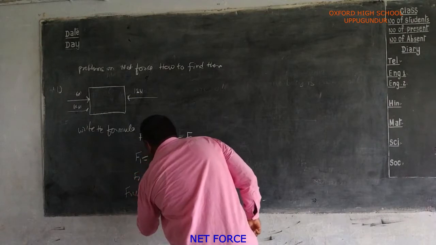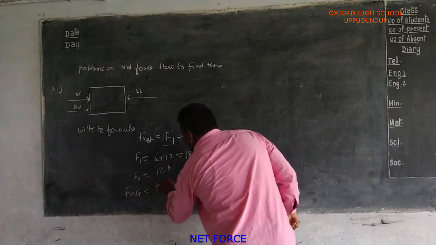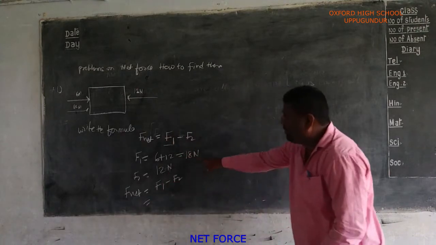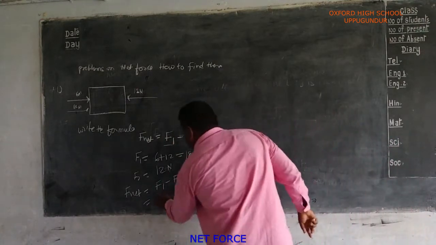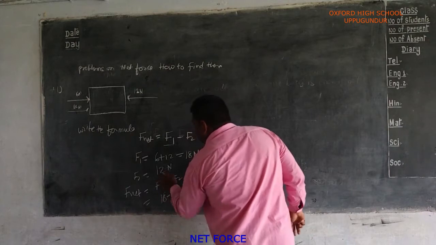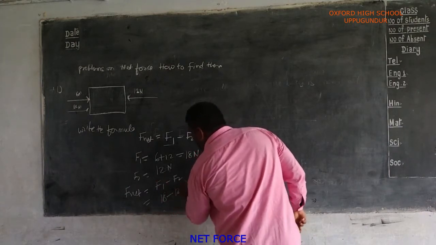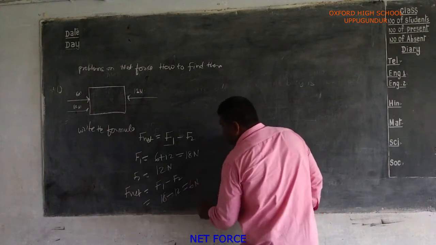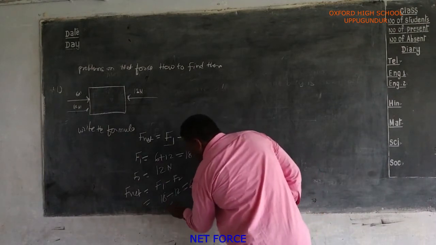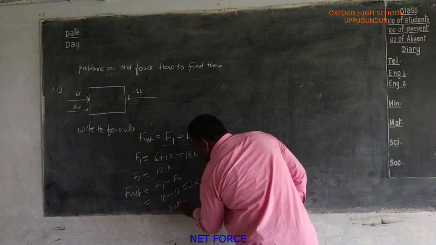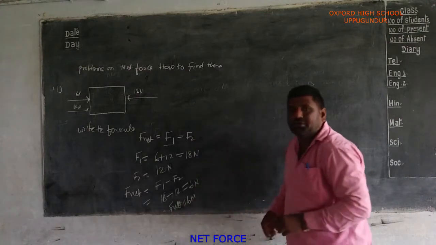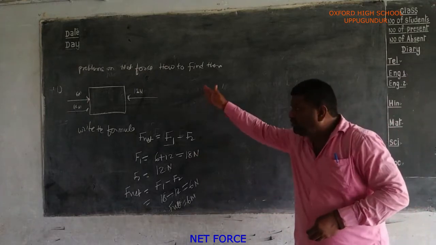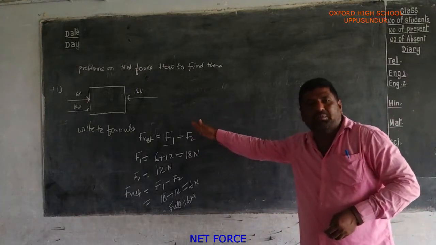F net is equal to F1 minus F2, which is 18 minus 12, so the remainder is 6 newtons. The net force is 6 newtons. Are you understanding how to find the net force on a particular object?